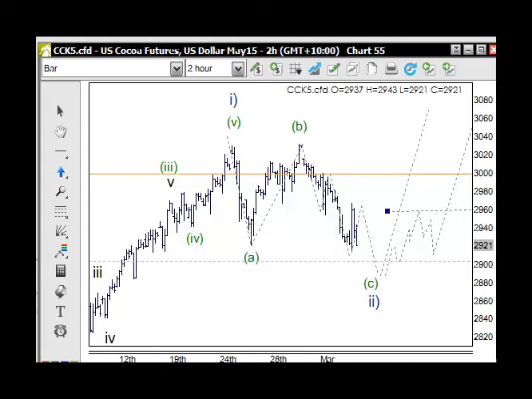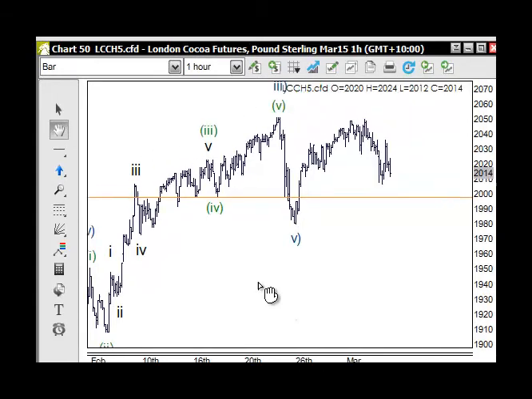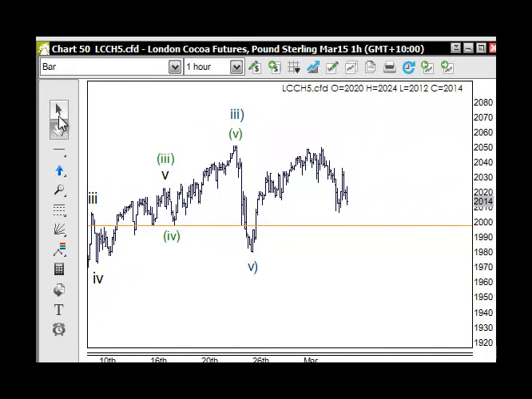Let's just have a look at the London market while I'm here. Yeah, okay, we'll probably see this. I mean, we'll have to look at this in terms of the A wave, a B wave in 3 waves here, and then the C wave in 5 waves here.